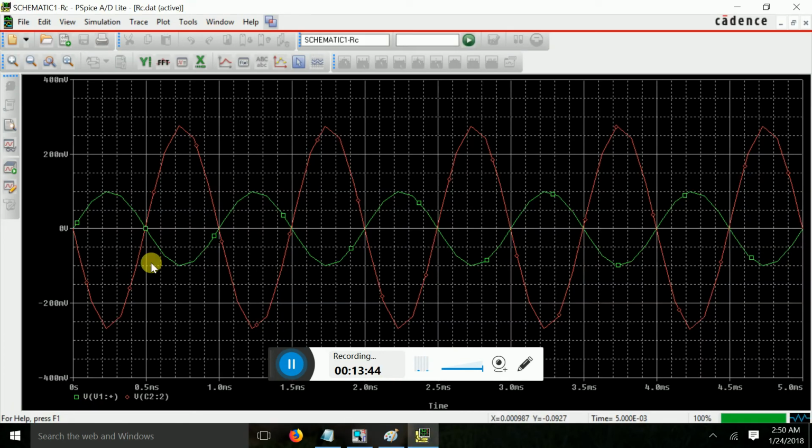As you can see, this is the 100 millivolts input signal, and this is the 250 millivolts, or nearly 300 millivolts output signal. Now you may think that the gain must be 5, so how is it coming 2.5 or 3?